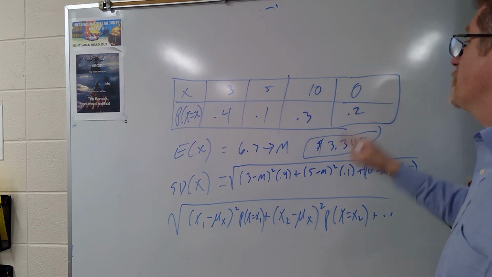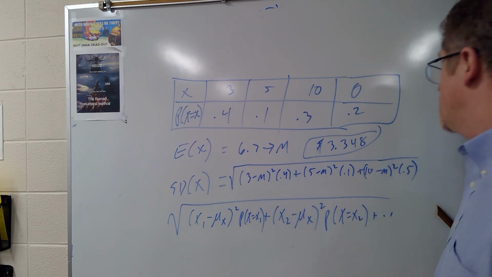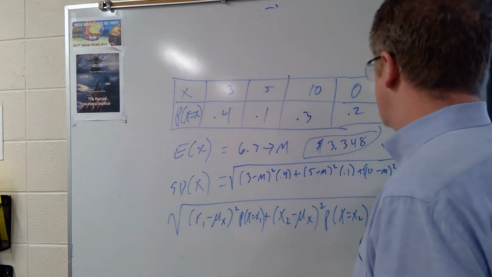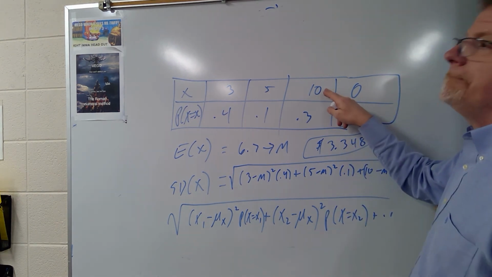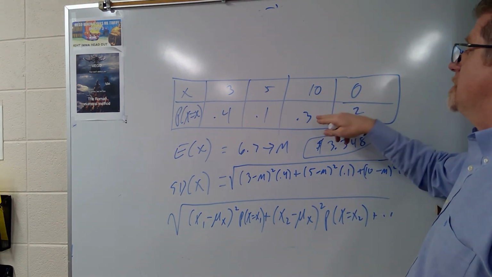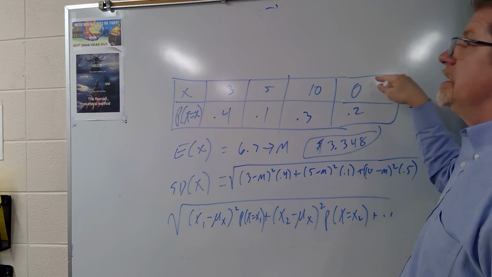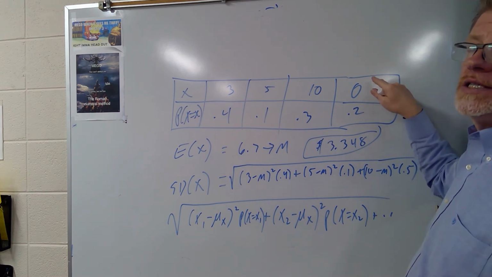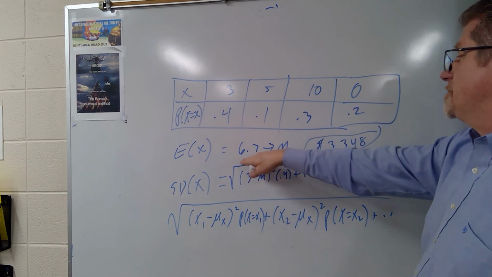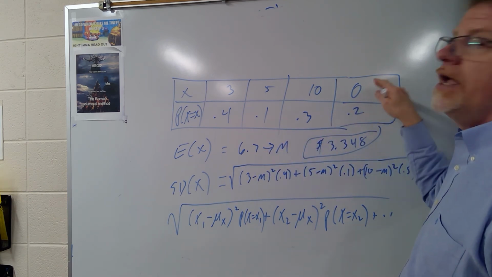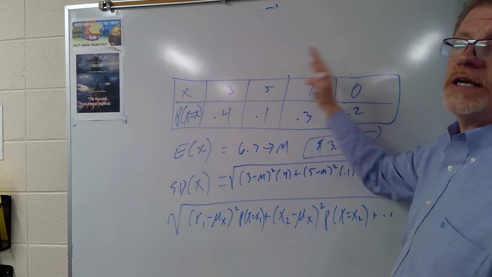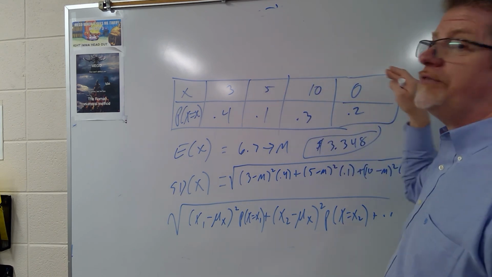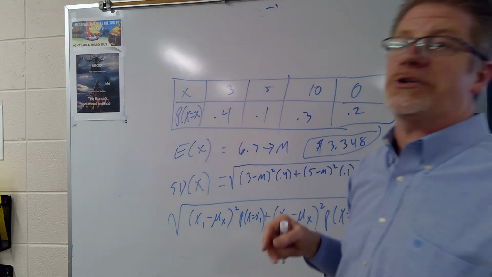However, it does matter for the standard deviation, because 10 minus M squared times 0.3 would be the third term. 0 minus M is not 0. So make sure that when you're calculating the standard deviation, you include even the 0 column, if there is a 0 in there.